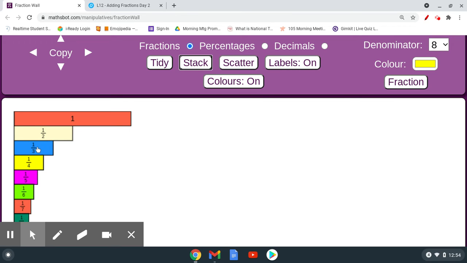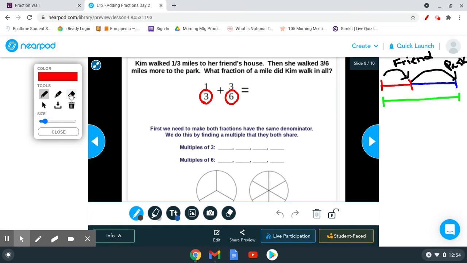So it says that she walked 1/3 and then she walked 3/6. So again, you can see that this is showing that these are not the same size. The blue piece is not the same size as one of the green pieces, which tells us that we cannot add these. Remember, if they don't have the same denominator, we don't have the same size pieces, we cannot add.